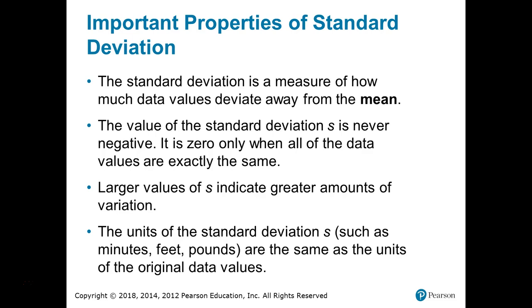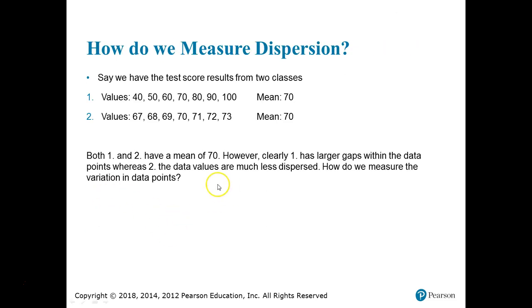Larger values of s indicate a greater amount of deviation or variation, and the unit of measure for standard deviation is the same as the original data values. So in this example, maybe that's a bad example because there are no actual units, but say we were measuring heights of men in inches. The standard deviation would also be measured in inches.